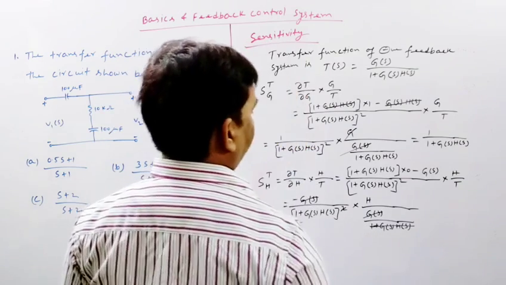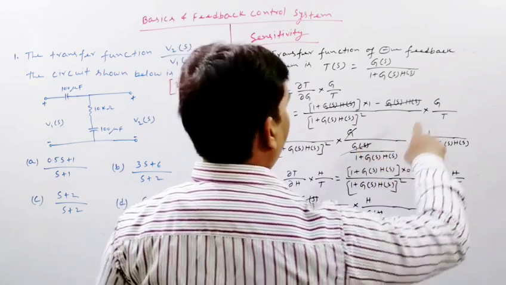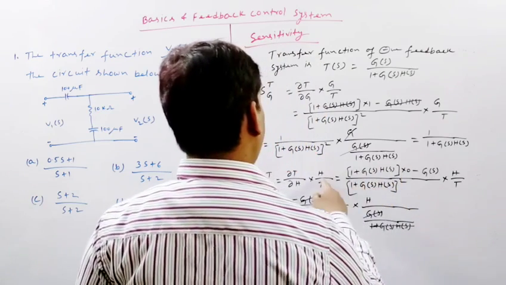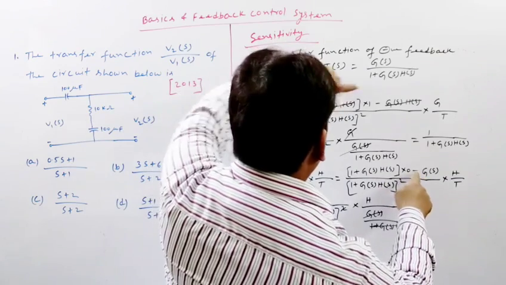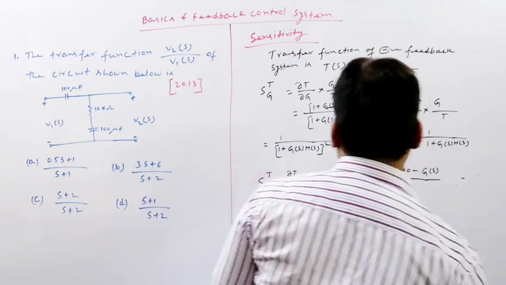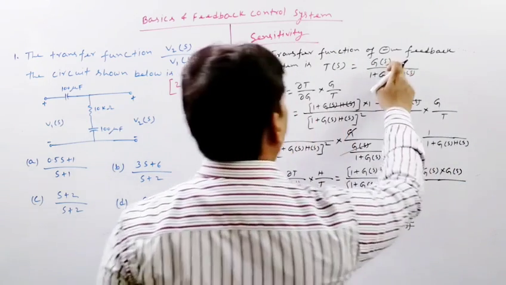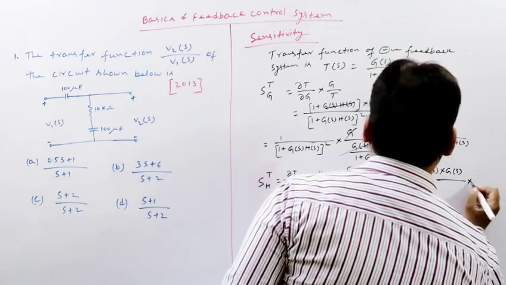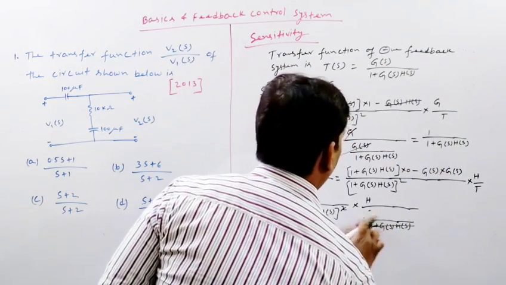Since it is G(s) here, multiplied by again G(s), 2 G(s) will come, because one G(s) will be in the numerator and if we differentiate this term, then again G(s) will come, multiplied by H by T. So it will be G(s) square, not only G(s).